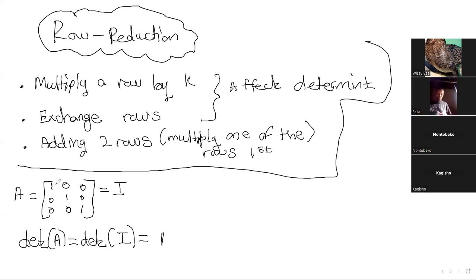It is 1 because you should just know that it is 1. But if you want to verify, just know that this is a diagonal matrix. And remember, for a diagonal matrix, you multiply the entries of the diagonal to get your determinant.